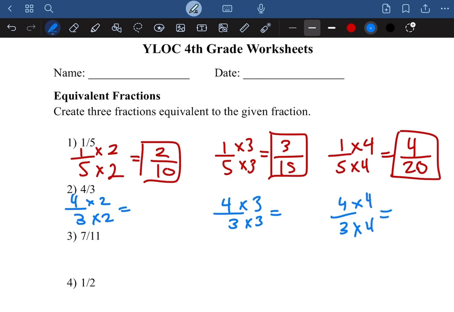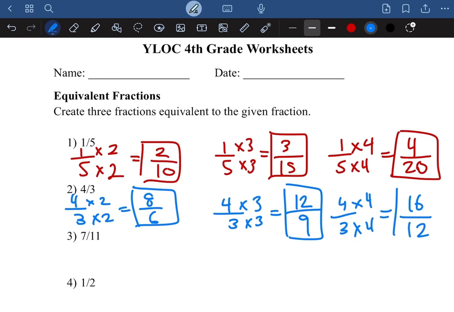So again, you can choose any other number, but we're going to just use the 3 lower numbers. 4 times 2 is 8, 3 times 2 is 6, 4 times 3 is 12, and 3 times 3 is 9, 4 times 4 is 16, and 3 times 4 is 12. So these are the 3 equivalent fractions to 4 over 3.